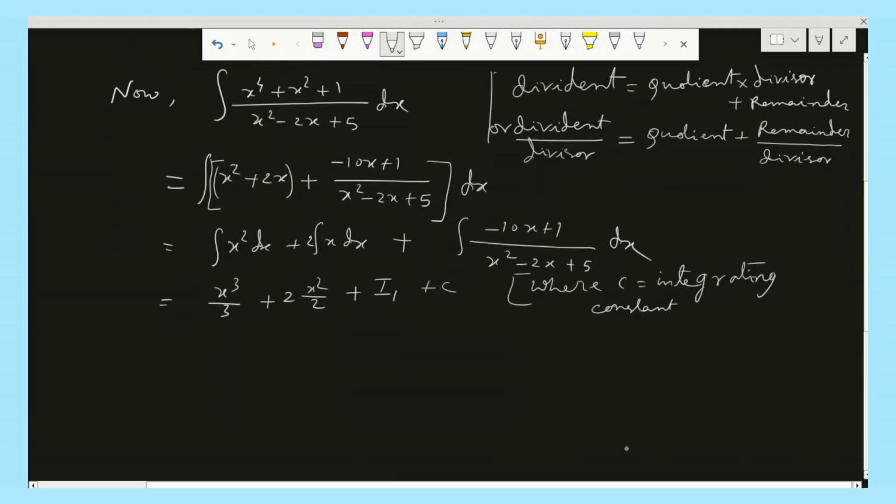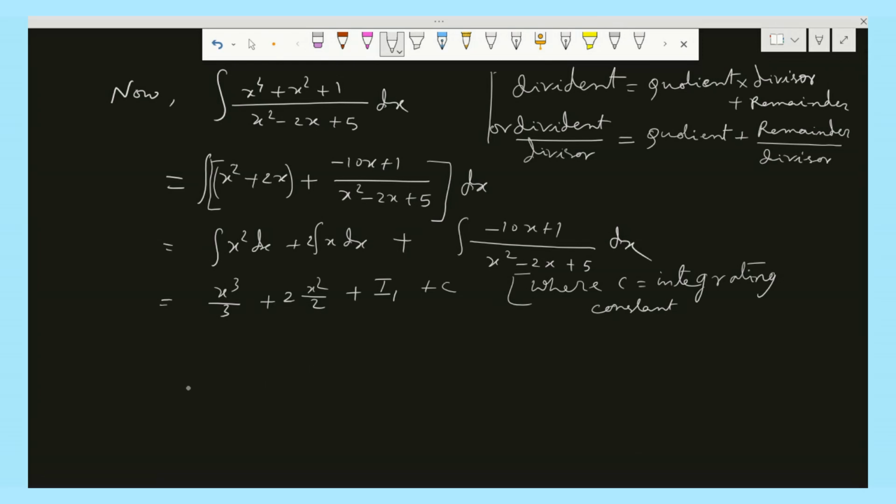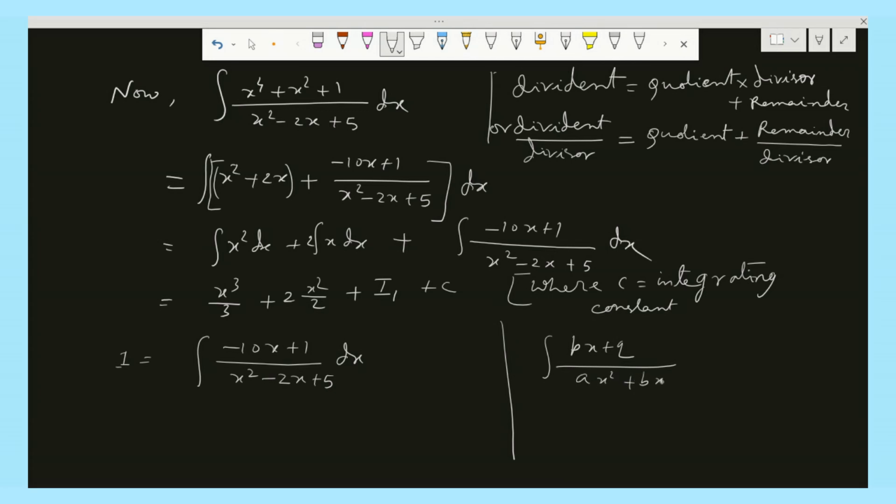Now we will find I1. What is I1? That is equal to the integration of minus 10x plus 1 by x square minus 2x plus 5 dx. See, this is of the form integration of px plus q by ax square plus bx plus c dx.